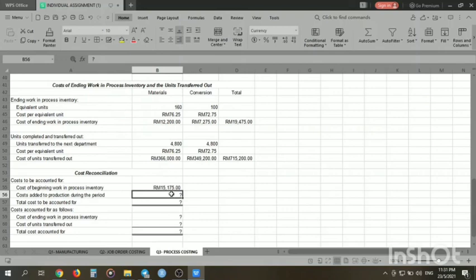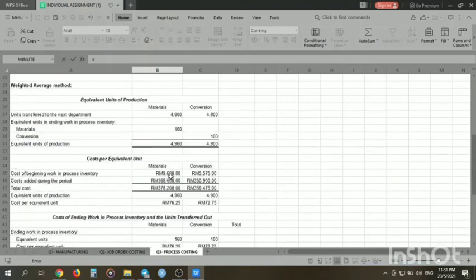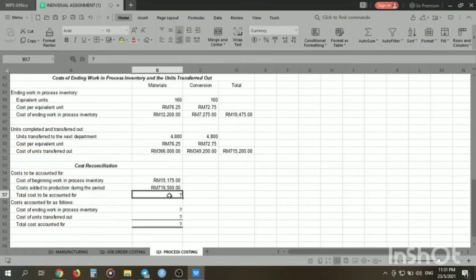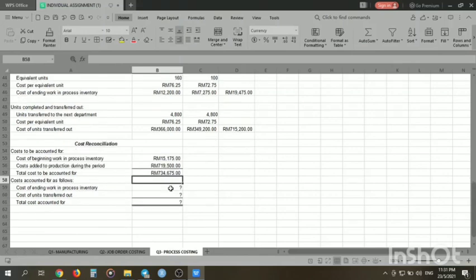Same goes with cost added to production during the period for materials and conversion costs. And total cost to be accounted for, cost of beginning work in process plus cost added to production during the period.